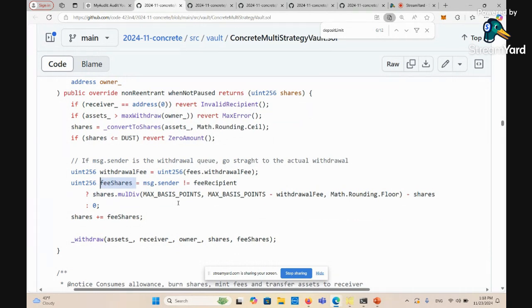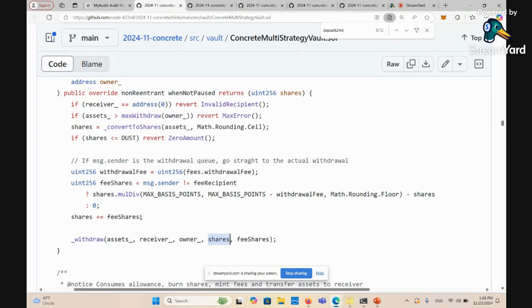Okay, so that means the shares will be more now. Okay, so that's correct. So you're going to look at only this amount of asset, but you're going to burn more shares, right?